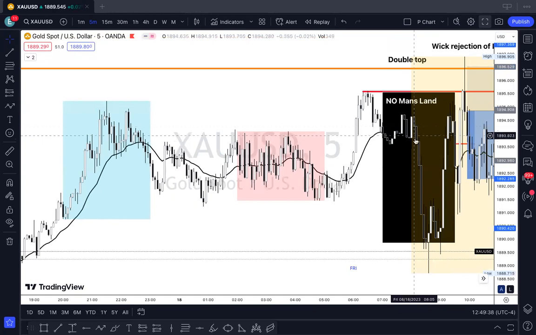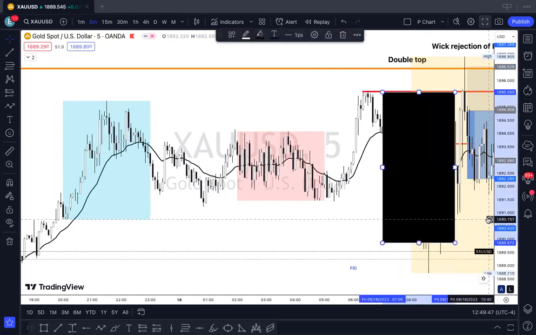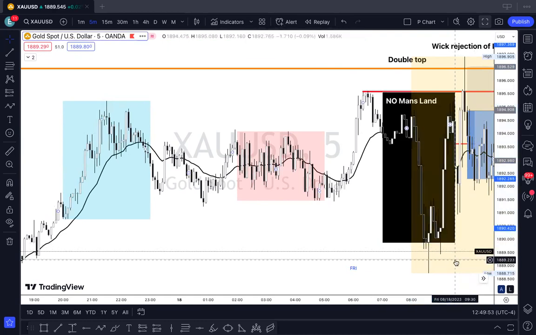We come back down into the NY Forex Open to create a new low of the day. And note that this is NYSE Open. And see how price behaves right before the open.